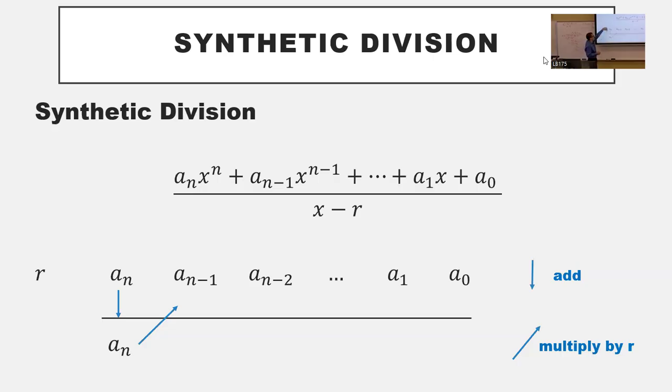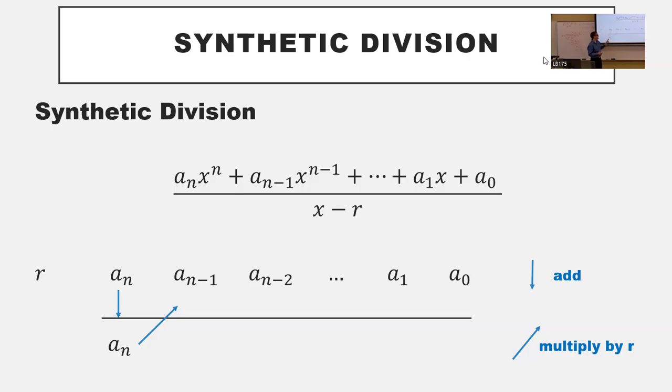And then what's going to happen is I'm going to start on the left-hand side with a sub n, and I'm just going to drop it down. It's like adding 0. And then I'm going to take the r times that a sub n and put it right underneath the a n minus 1. And then I'm going to add those two numbers.